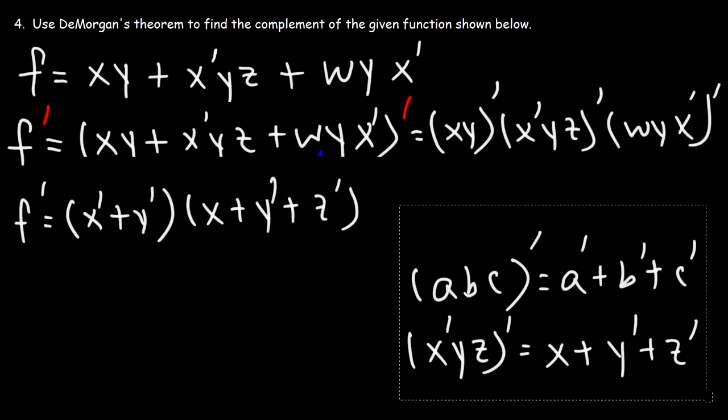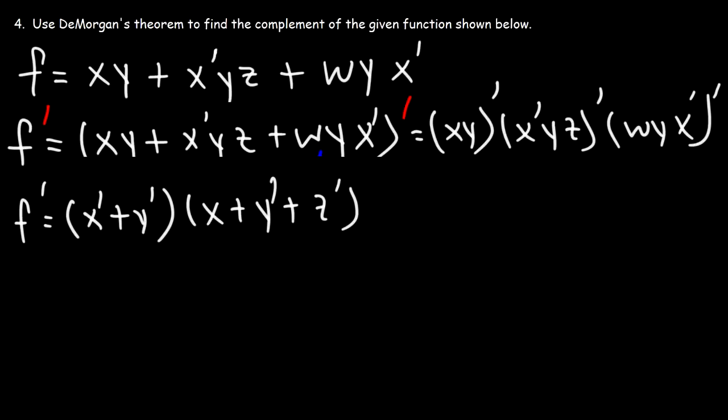Now for the last one, now that we know the process, we could just write it in. So we're going to distribute the complement symbol, turning the multiplication sign in between them into addition. So w will become w prime and then plus. Y is going to change to y prime. X prime will change to x.